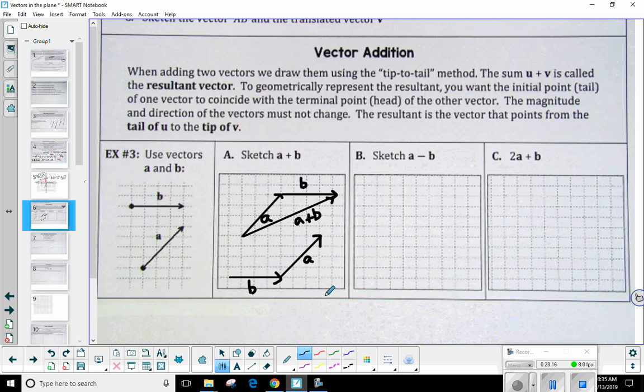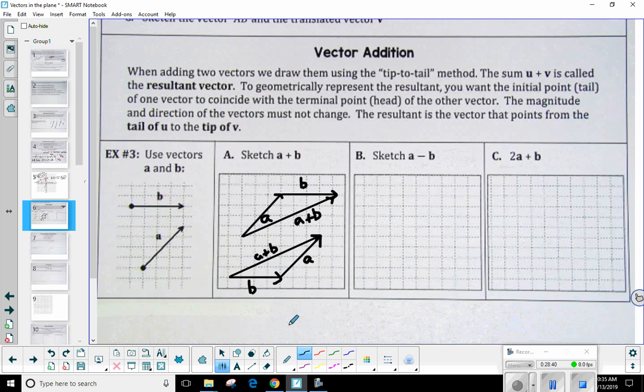Once I've got my vectors how I want them positioned, we'll connect them with that third side. So from here to here. So this would also represent vector A plus B. That's the resultant. That's what you get when you add those two vectors.